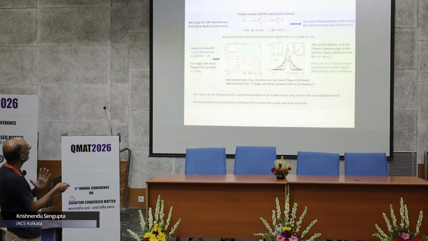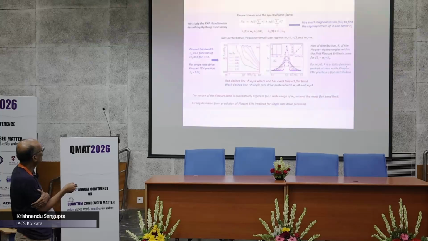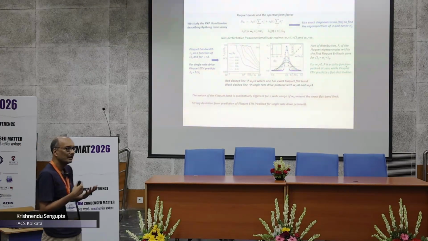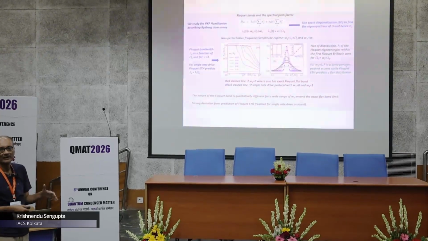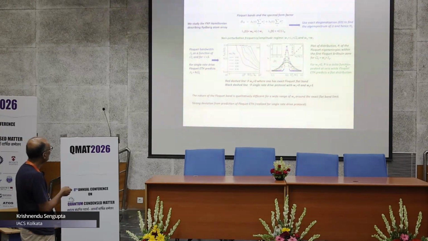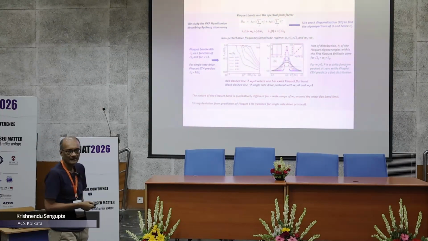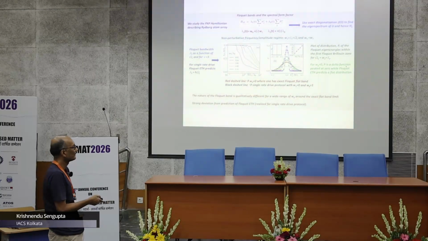So the point is that there is an enough range of this perturbation where you see a behavior which, at least for finite size system, violates Floquet ETH. Okay. So strong deviation from the prediction of Floquet ETH, which is realized for the single rate drive protocol. Okay. And all of this is happening because of this exact freezing point.